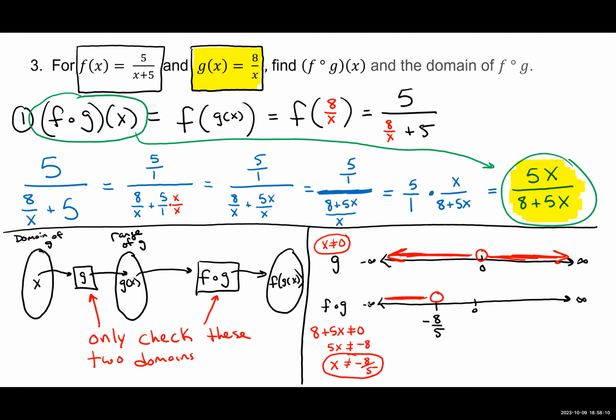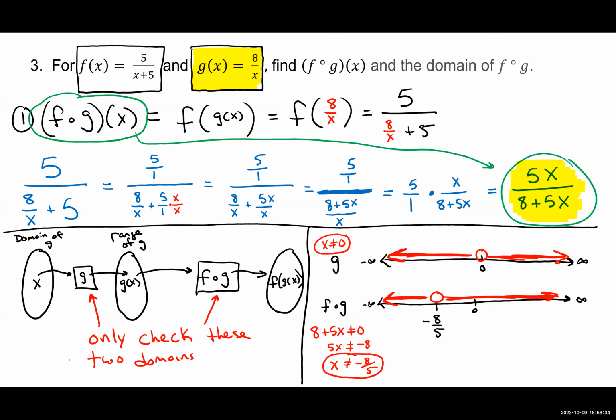So you could use in that function any number to the left, any number to the right. The overall domain is the intersection. So any numbers that were thrown out for the g are off limits. Any numbers that were thrown out for the f of g are also off limits. So both of those numbers are out.